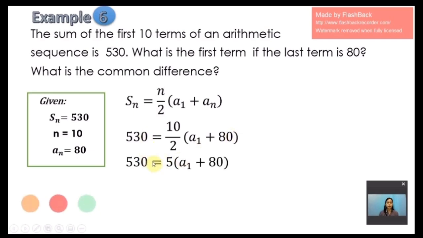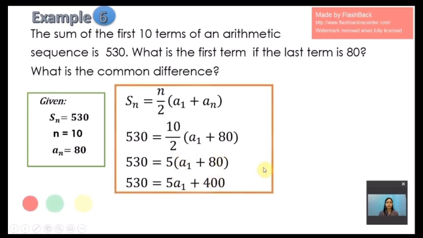So S of 10 is equal to n is 10 divided by 2 times the quantity of a sub 1, the first term, which is the unknown, plus the last term a sub n is equal to 80. Then we have 530 is equal to 10 divided by 2 is 5 times the quantity of a sub 1 plus 80. By distributive property, we will have 5 times a sub 1 is 5a sub 1 plus 5 times 80 is 400. Solving for a sub 1, we get 530 minus 400 is equal to 5a sub 1.